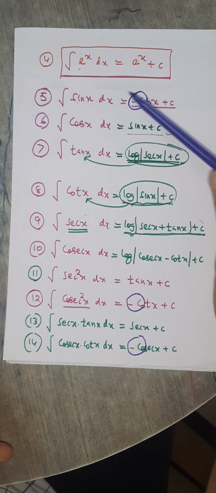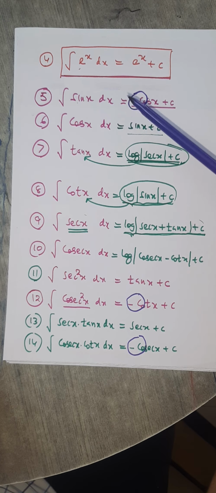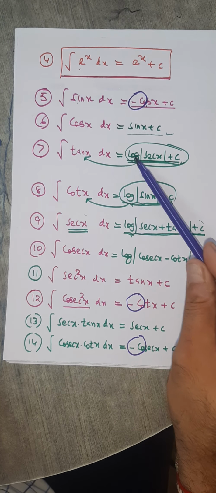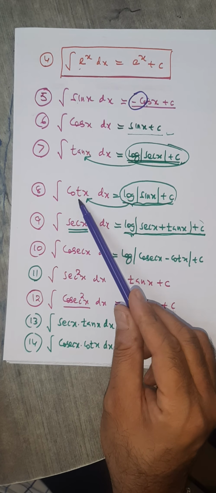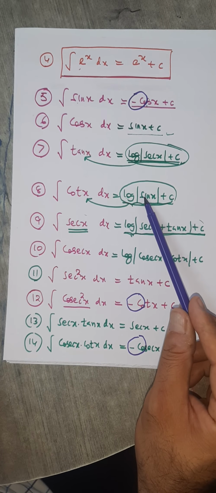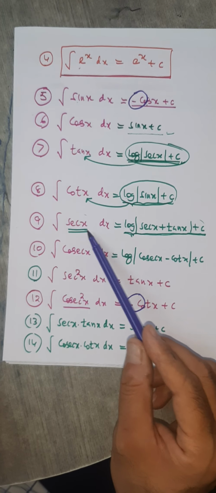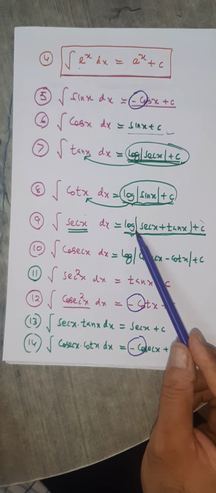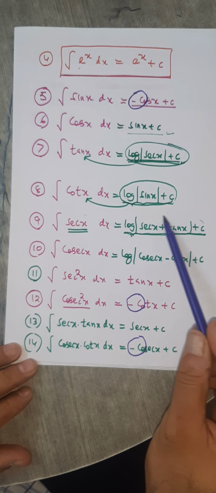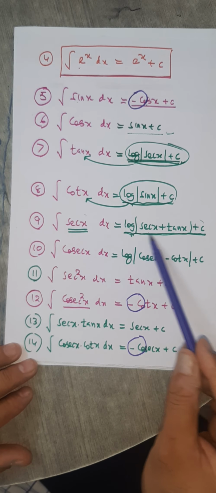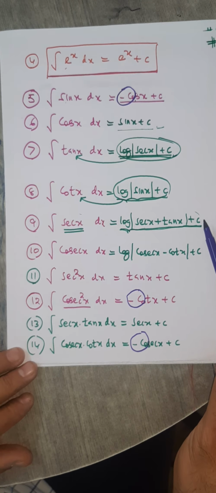Why is the answer of sine cos? Differentiate this, you will get this. Why is the answer of tan log of mod of sec? Differentiate this, you will get this. Why is the answer of cot log of mod of sin x? Differentiate this, you will get this. Why is the answer of sec x log of mod of sec x plus tan x? That is nothing but by differentiation. You find the derivative of this by chain rule, you will get exactly this.